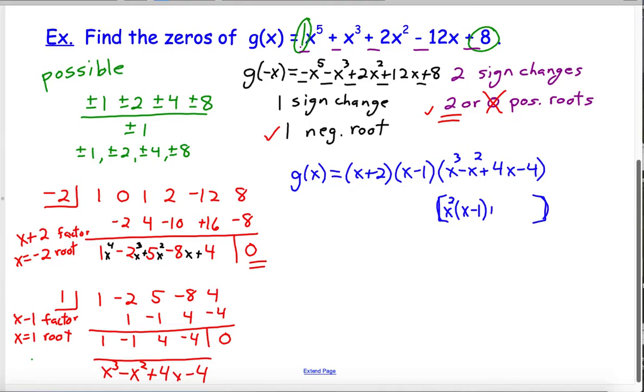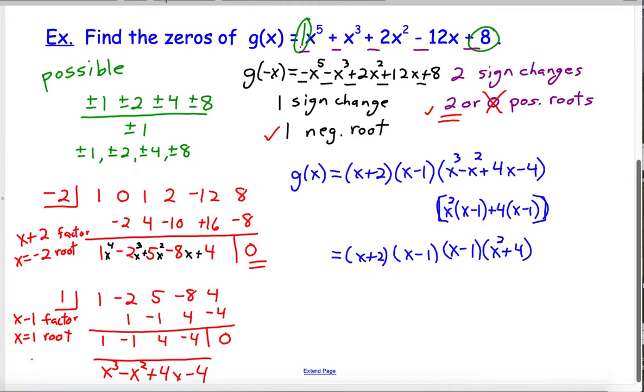And I can factor out a 4 from the last two terms, and I'm also left with an x minus 1, which therefore means I can factor out an x minus 1 from both of those, and I have x squared plus 4. So now I've found all the factors for this polynomial, g of x. And notice that x equals 1 is a root of multiplicity 2.